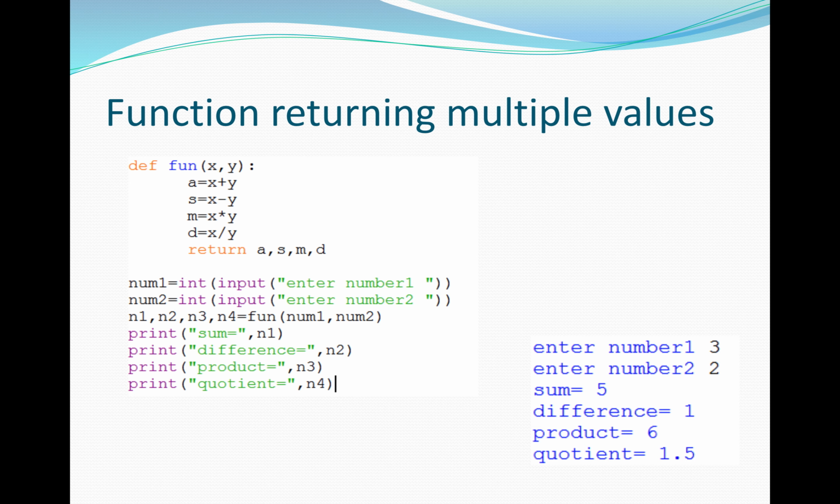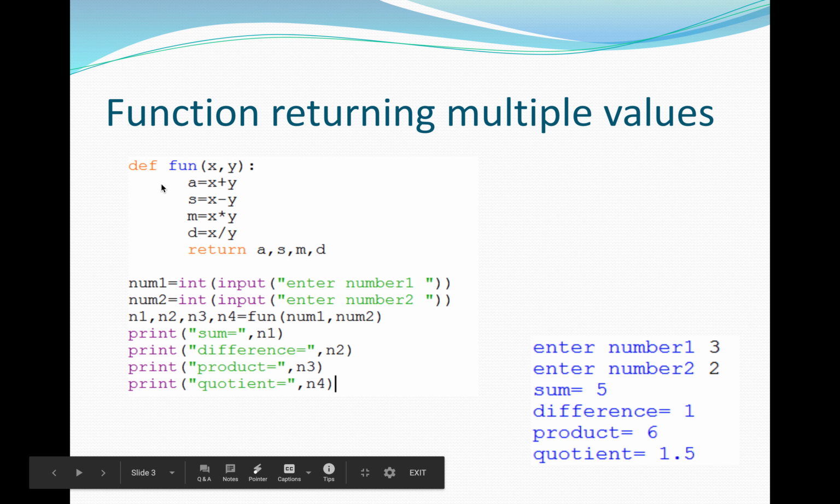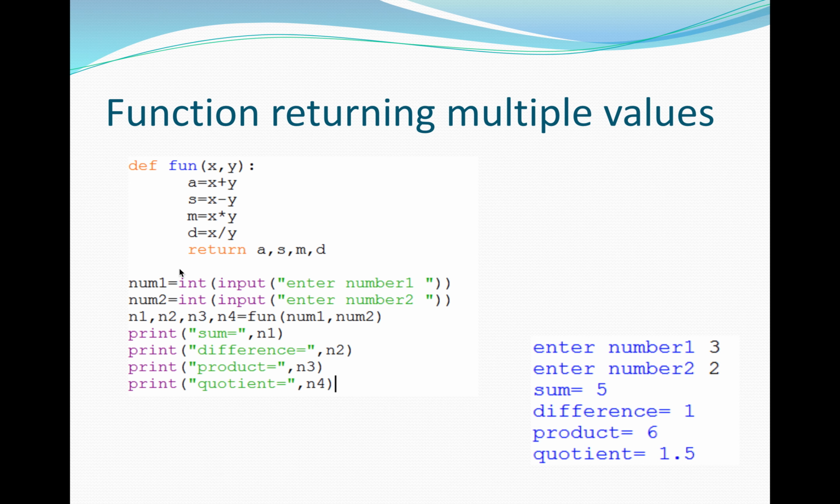So this is one example showing a function returning multiple values. Here a function fun is defined with two parameters. Here we are calculating the addition, subtraction, multiplication and division of these two parameters and returning all those values. So how many values are returning? 4 values.